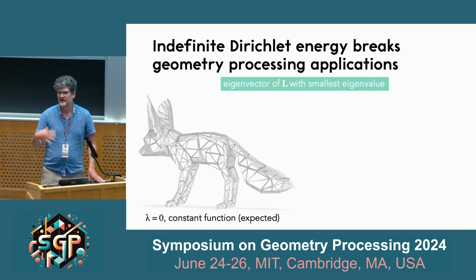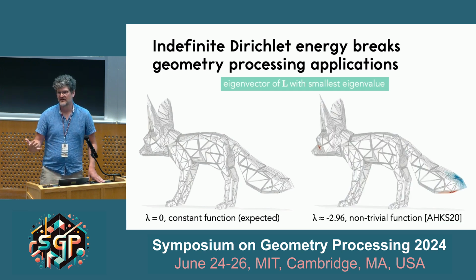If we took an eigen decomposition of the Laplacian for a particular tet mesh, like this Fox shape, we expect that the direction that corresponds to the smallest eigenvalue is a constant function. But if we take a Laplacian matrix constructed with the snapping of Alexa and colleagues, we get something that could even have a negative eigenvalue for a non-trivial function. And since all the other eigenfunctions will then be orthogonal to this, this can break down further applications.